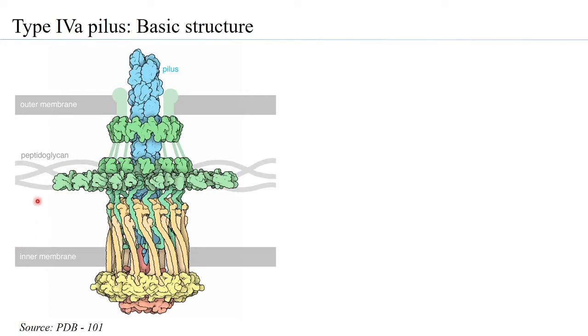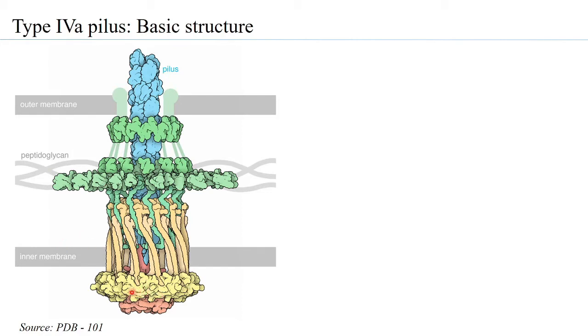Within the periplasmic space is a thin layer of peptidoglycan, and over the peptidoglycan layer is another outer membrane, which is made up of lipopolysaccharides. So the structure is a type 4a pilus present on a gram-negative bacterium.